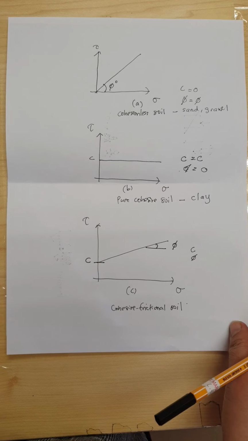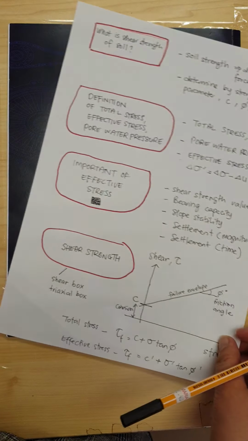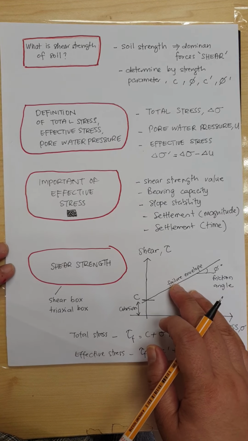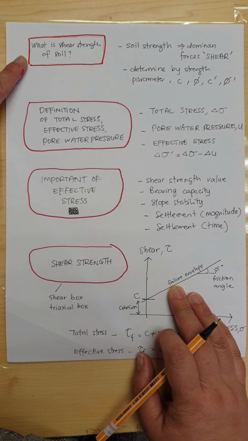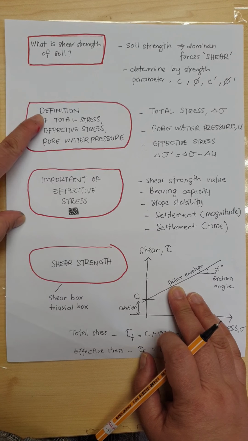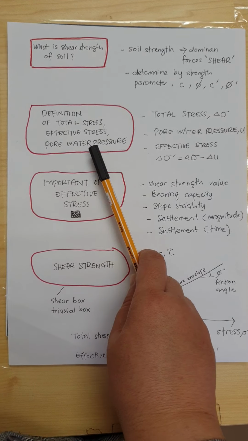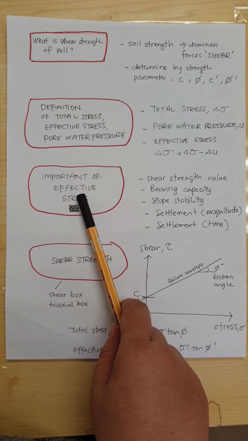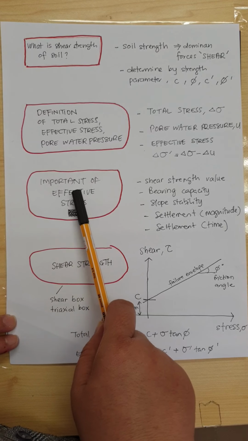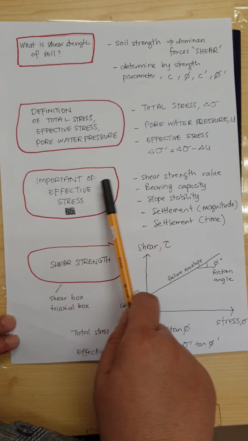If you want to guide yourself to understand the whole theoretical explanation, try to ask: what is the shear strength of soil? What are the differences between total stress, effective stress, and pore water pressure? Why do we need to calculate the effective stress, and why is it so important?